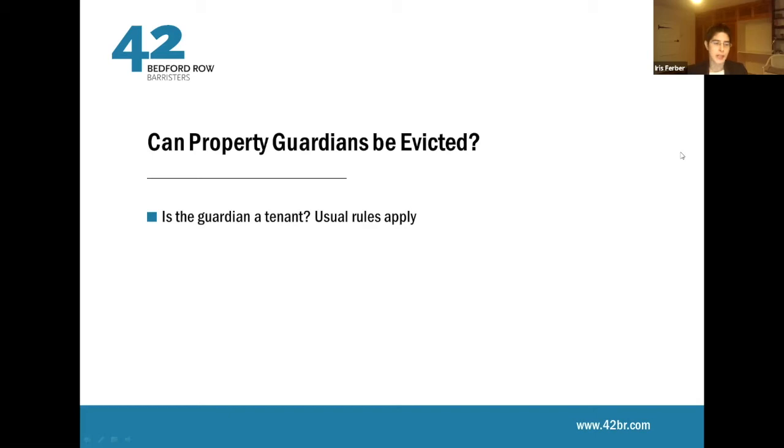We'll perhaps come to that a bit later, and there might be some questions about it. But if, as a matter of law, and on the interpretation of the contracts that are in place, the landlord is the freeholder, and say, for example, that the guardian company is simply acting as an agent of the freeholder rather than being the landlord. And if that freeholder is a local authority, and I saw from the list of participants that there are lots of people watching this webinar from London local authorities who I'm confident have guardianship contracts for buildings around their borough.